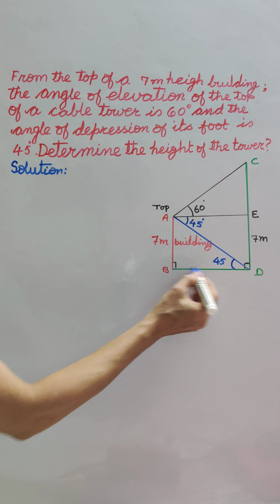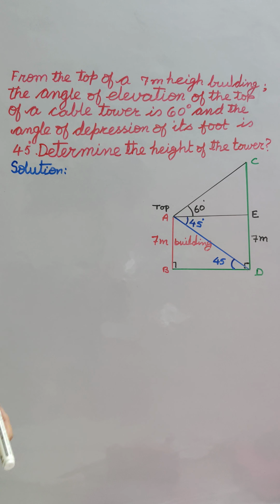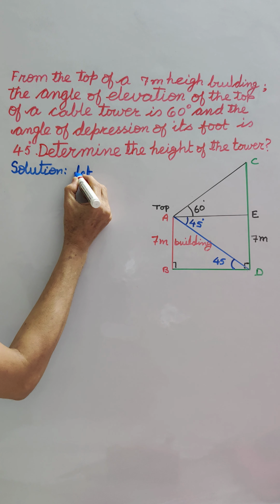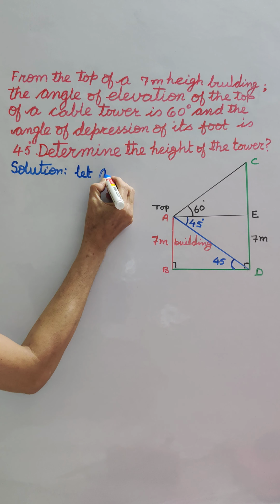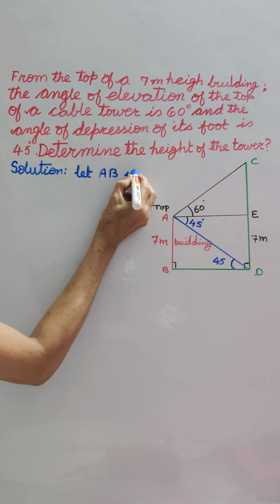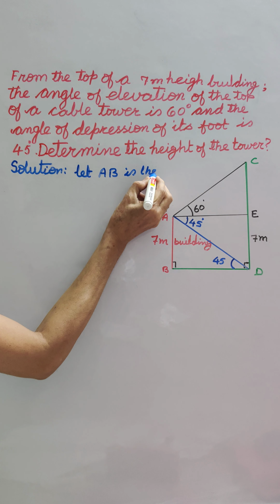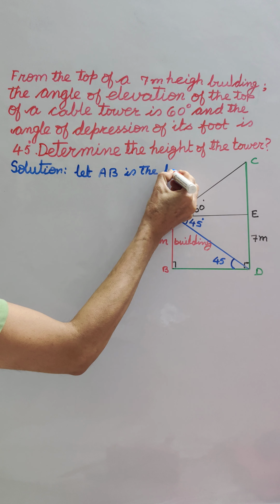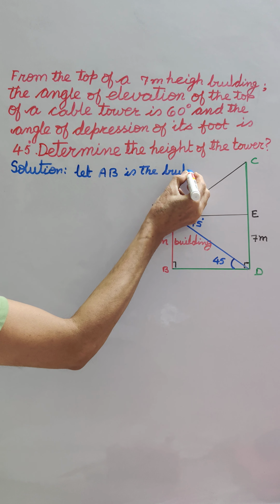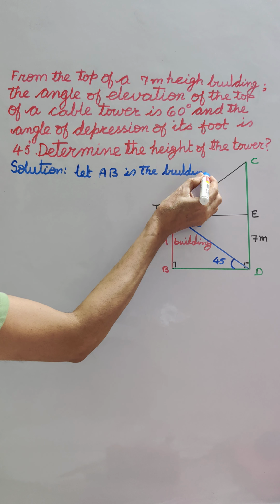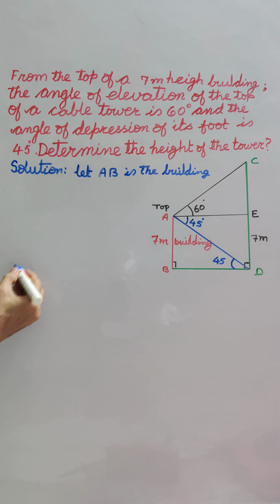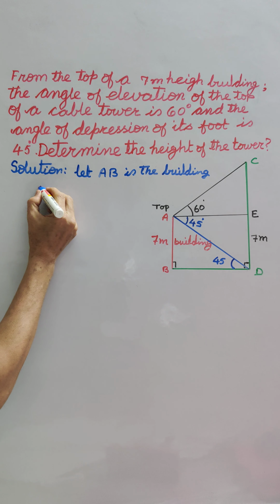First we shall write what is what. AB is the building and CD is the tower.